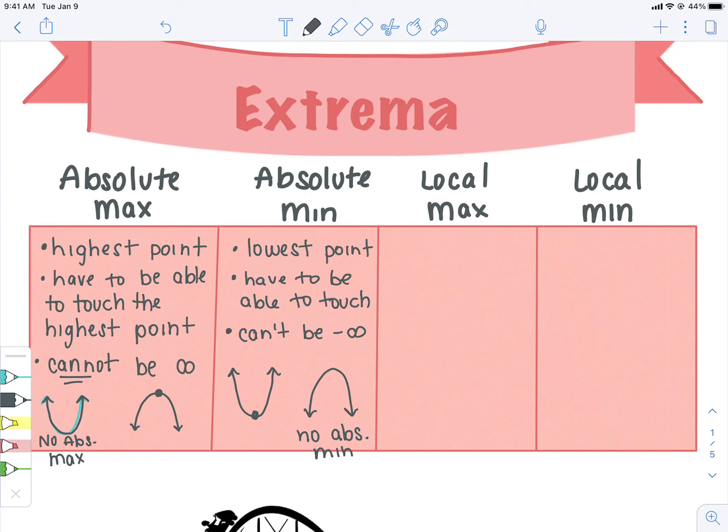So now your absolute max and min have to be the highest or the lowest point on the graph. Your local max and min are just going to be relatively high points or relatively low points. Instead of being called local max or mins, they can also be called relative maxes or relative mins.